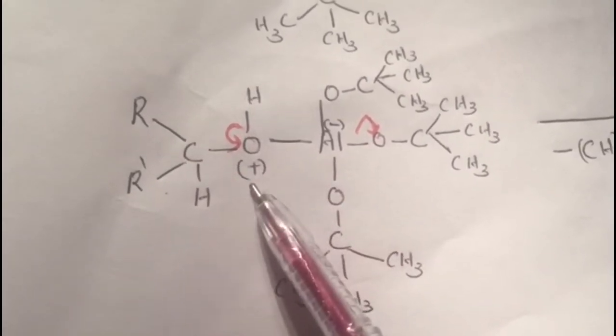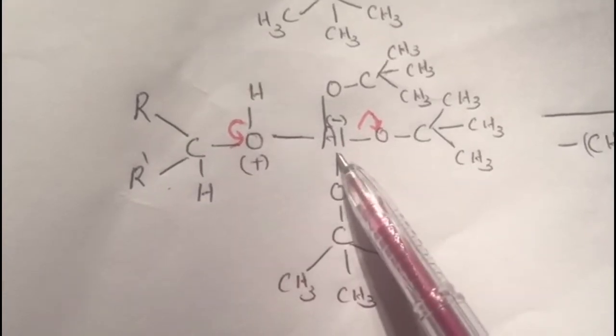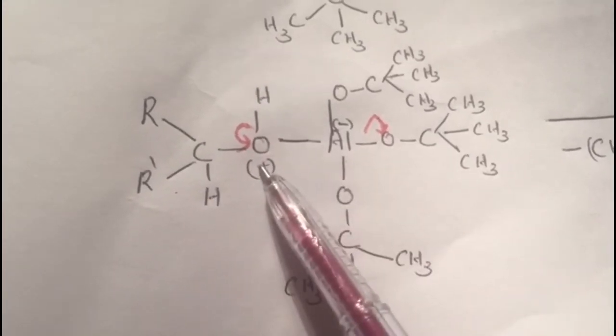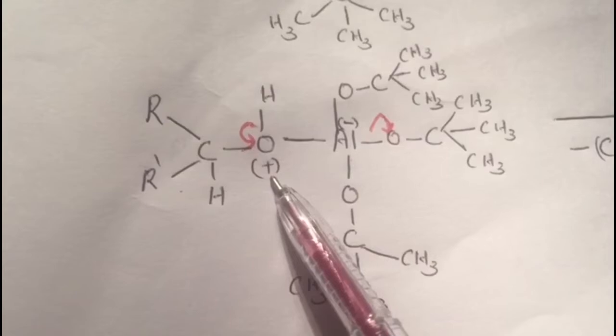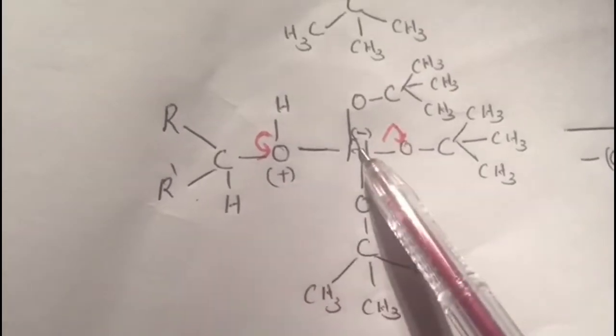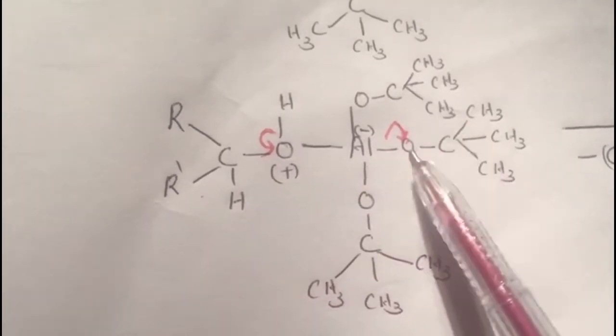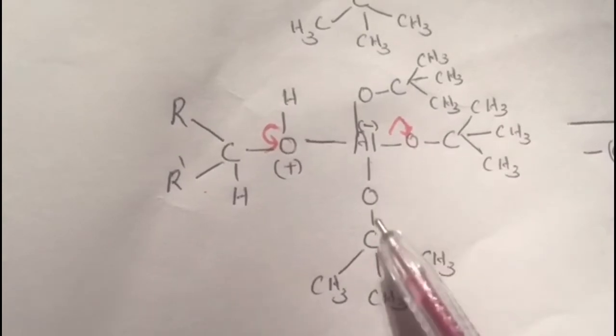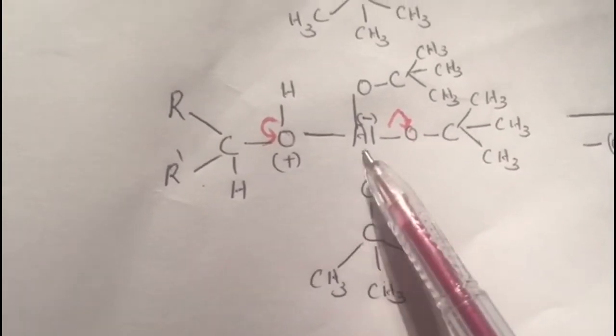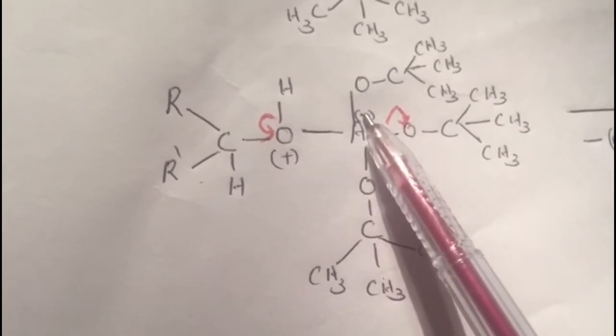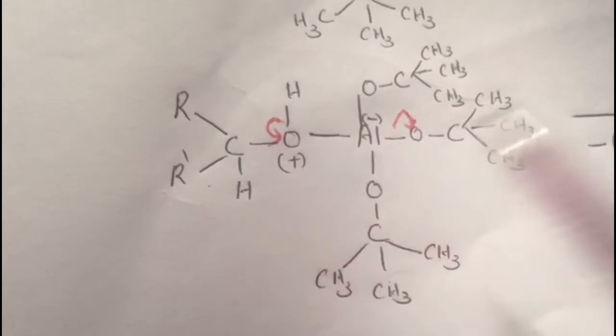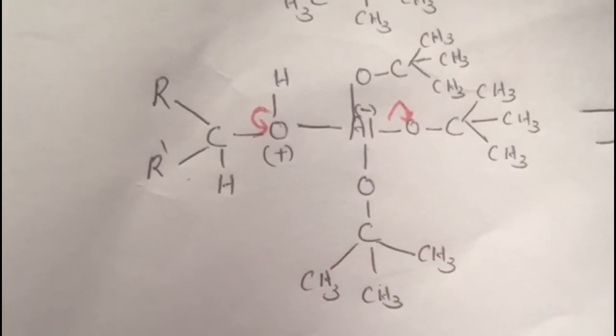R-CH(OH+)-R plus Al[OC(CH3)3]3, because here this lone pair is used for bonding with aluminium. So oxygen loses the lone pair and acquires positive charge. This aluminium acquires negative charge because it receives electrons from the lone pair of oxygen atom.